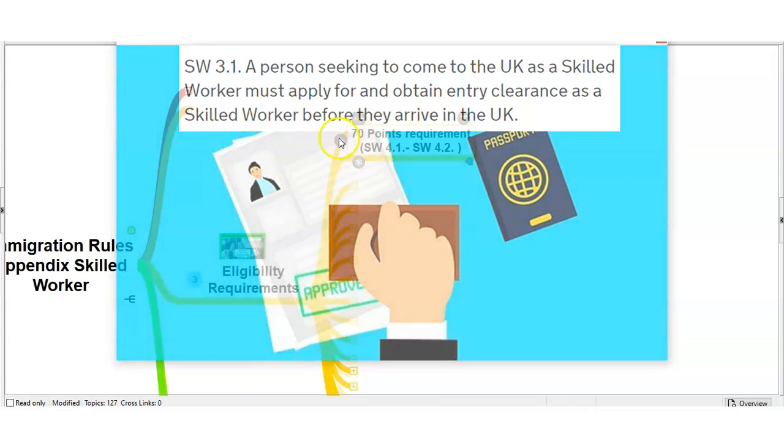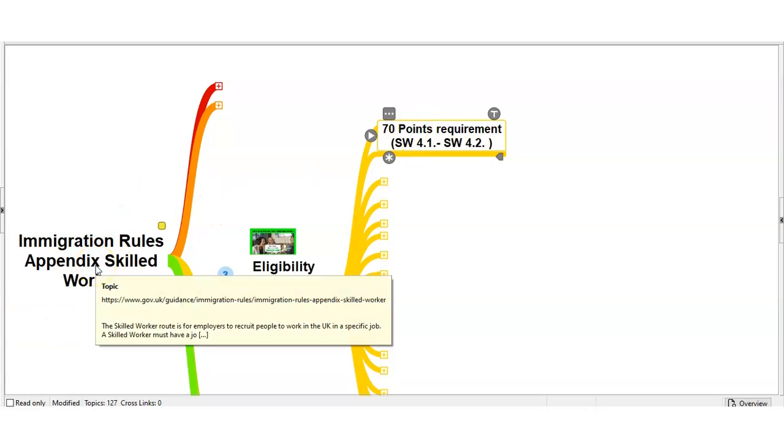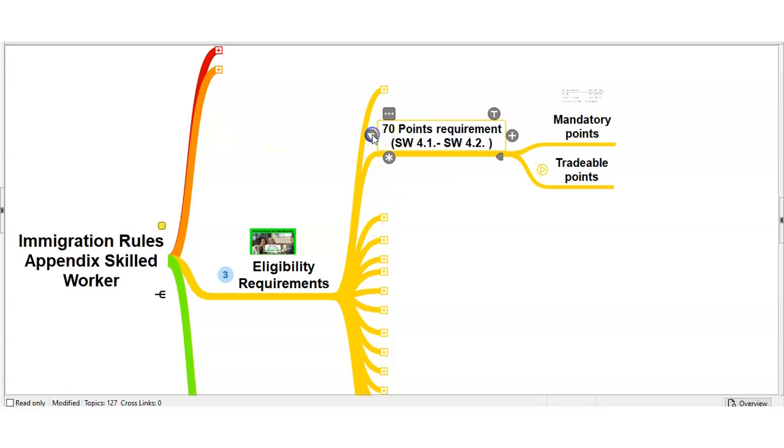You also need to understand that any skilled worker who wants to enter the UK will need to score 70 points. Just remember that the skilled worker route is one of the UK's new points-based immigration system routes, and there is a separate playlist on my YouTube channel with a number of videos dedicated to explaining various routes under the UK's new points-based immigration system.